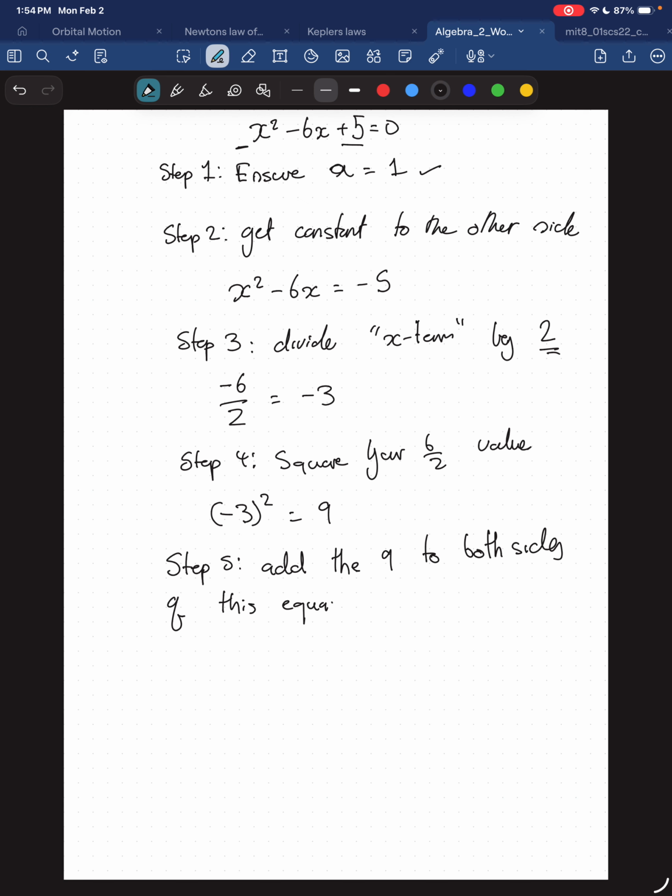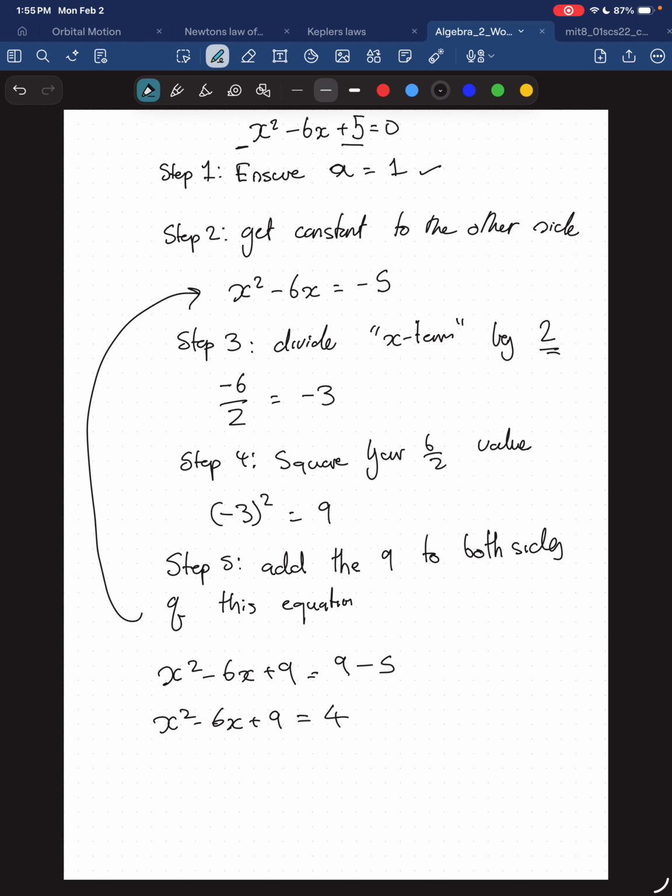I'm going to just draw an arrow pointing to both sides. You gotta add the 9 to both sides. So we're going to be left with x squared minus 6x plus 9 equals positive 9 minus 5, and then x squared minus 6x plus 9 is equal to 4.